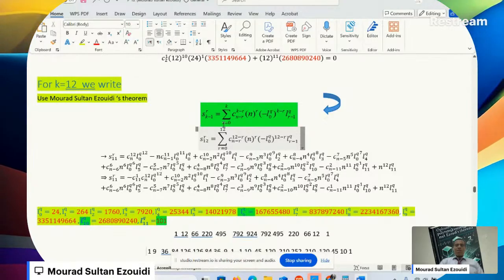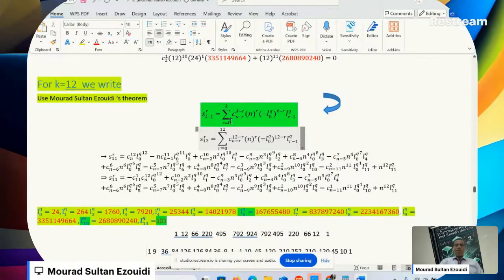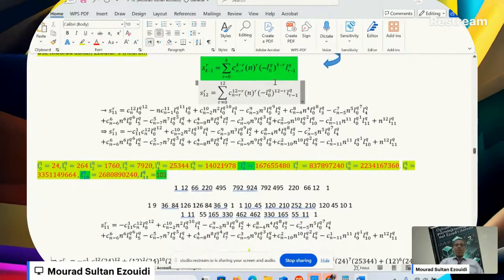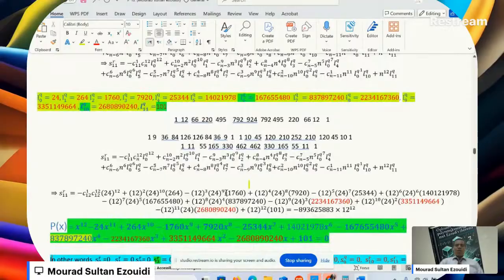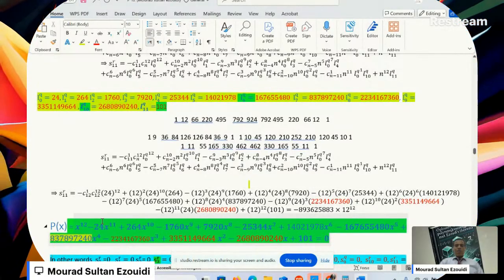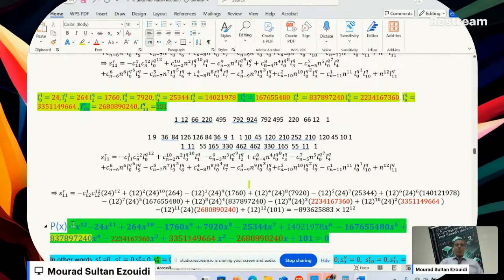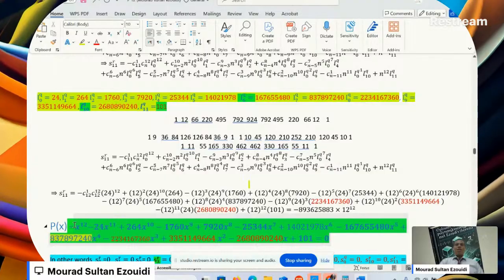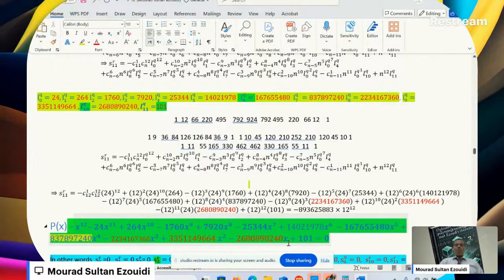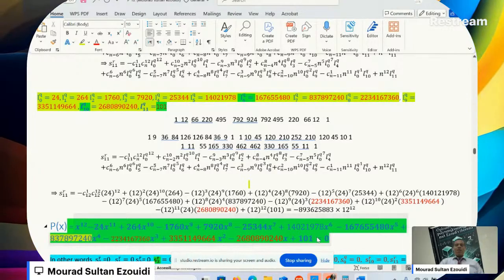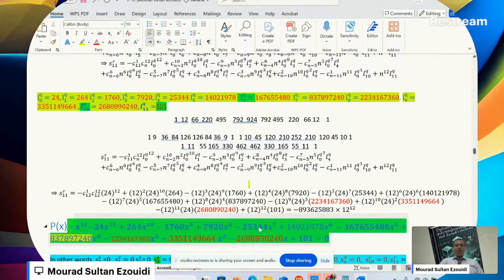Professors and colleagues, teachers and mathematical researchers, you are going to use the Ezouidi theorem, and you'll apply it. This is our polynomial of degree 12. We start from L minus 1, which is 1, the first coefficient of the x term raised to the power 12, up to the constant term 101, x raised to the power 0.